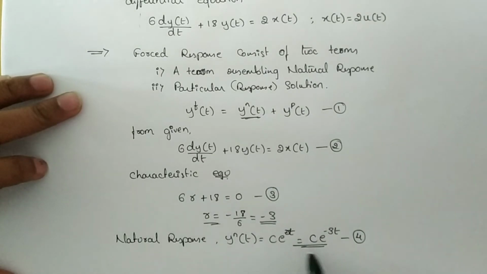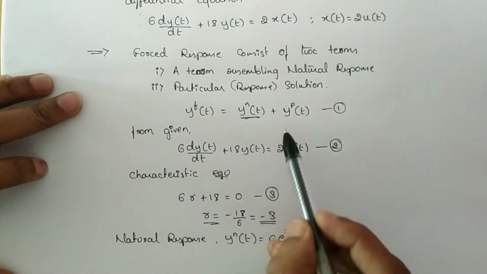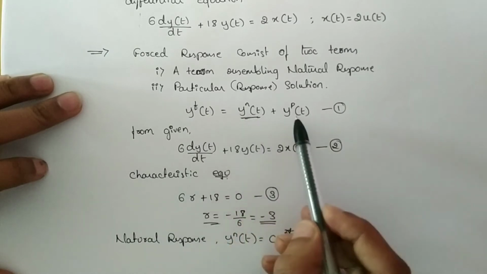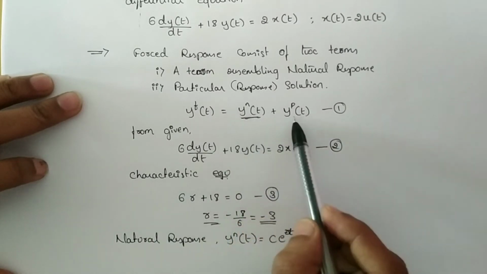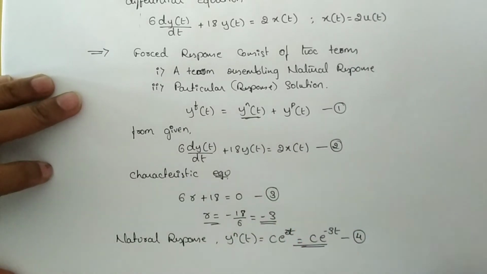Now we got the natural response. In equation 1, we have a natural response and a particular solution. Now we got the natural response, and we need to find the particular solution. Okay, moving on to the particular solution.